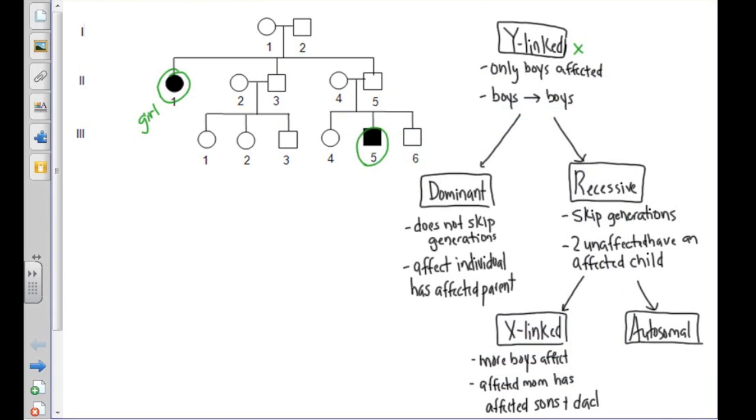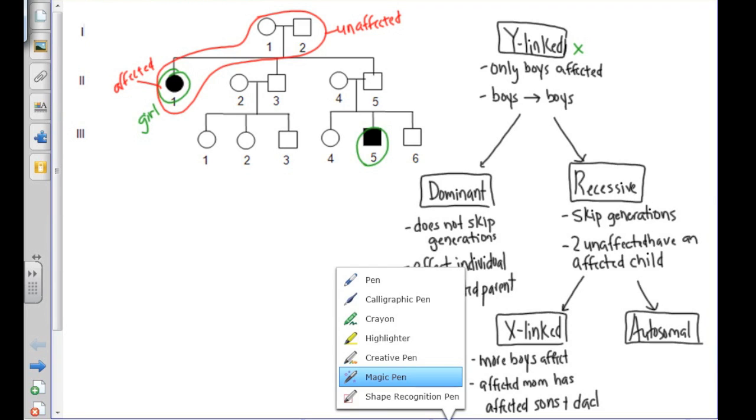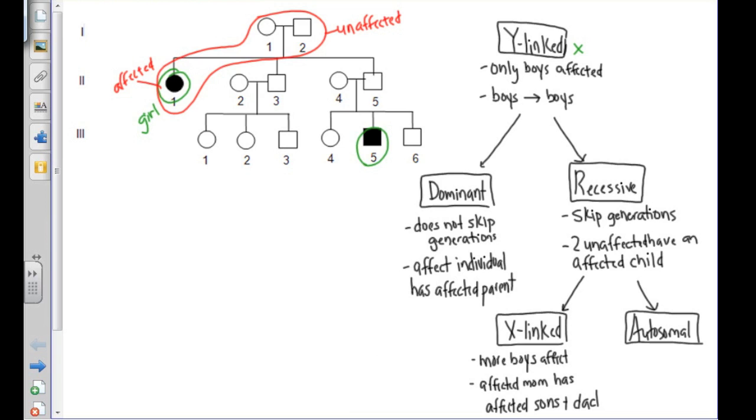If we take a look at our pedigree, this does not seem to be true. For example, girl number 2,1 is affected, but she does not have affected parents. Therefore, by default, this means that the pedigree is showing a recessive mode of inheritance.